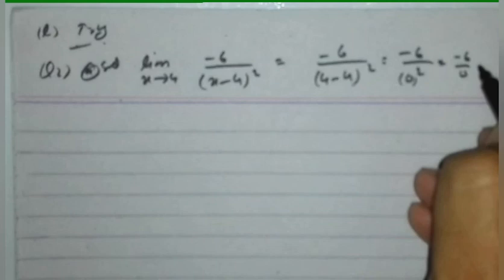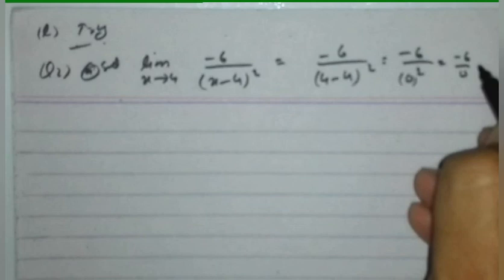Part C. This is also 0 by 0 form. So rationalize the numerator. Which is equal to limit x tends to 5, (under root x minus under root 5) over (x minus 5) into (under root x plus under root 5) divided by (under root x plus under root 5).